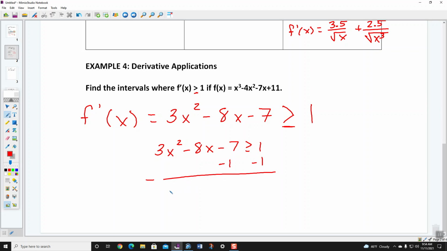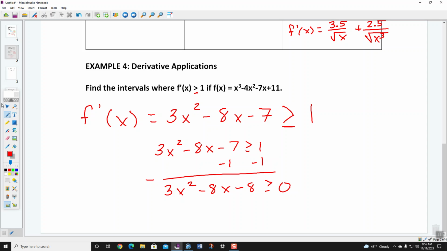So we have 3x squared minus 8x, and what would that be? Minus 8. That is greater than or equal to 0.